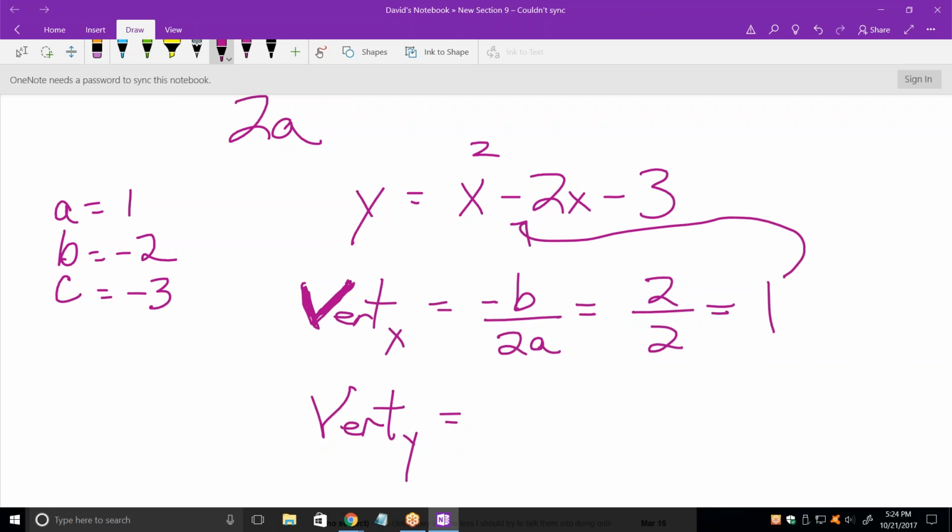There is a complicated formula for the y coordinate, but nobody teaches it because that's not the easiest way to do it. The easiest way is once you have the x coordinate, plug it in and figure out what y is at that value. So it would be 1 squared minus 2 times 1 minus 3, which is minus 4. All right, that makes sense.